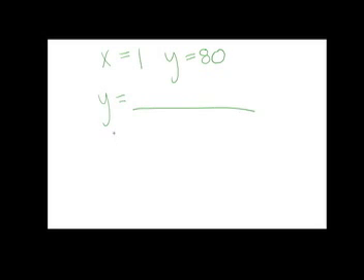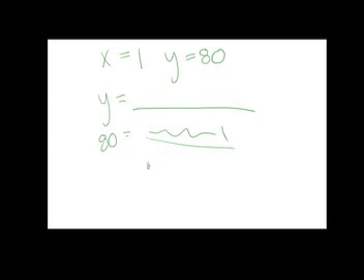The reason it doesn't work is, let's just say, at x equals 1, they tell us that y equals 80. So we have to figure out what math equation in the form of y equals something makes it so that I can have an x equal 1 in here, and all of it will equal 80.